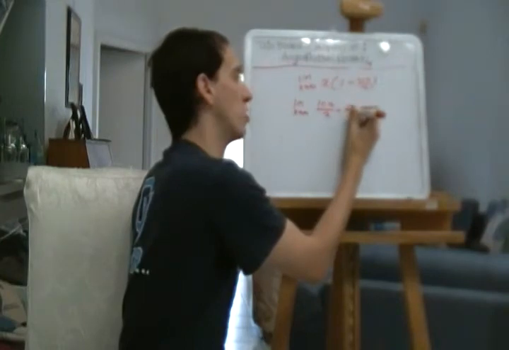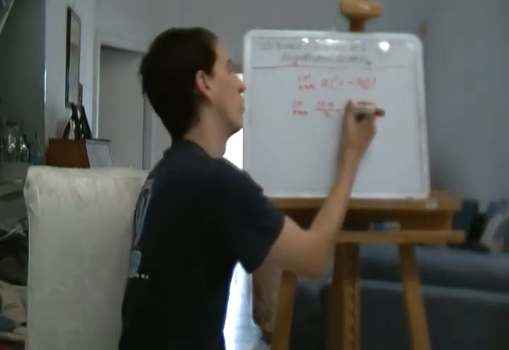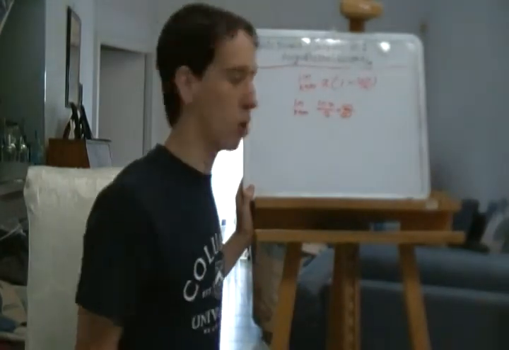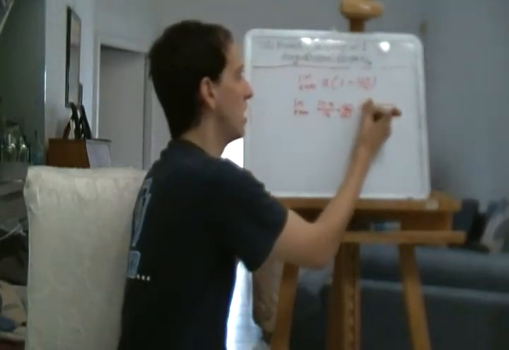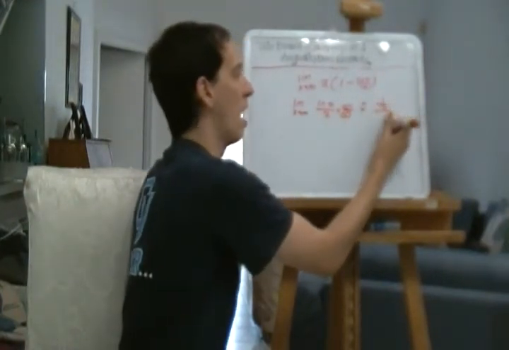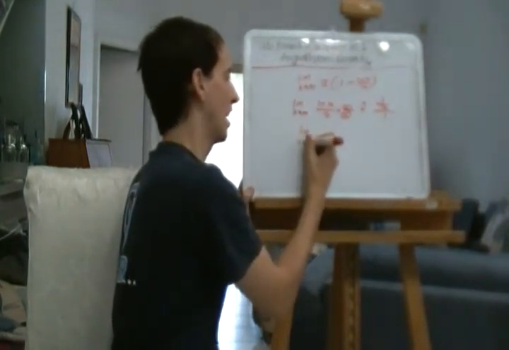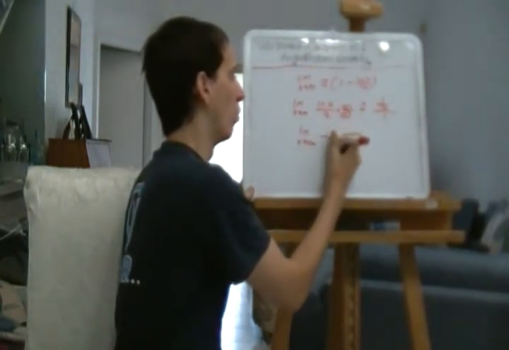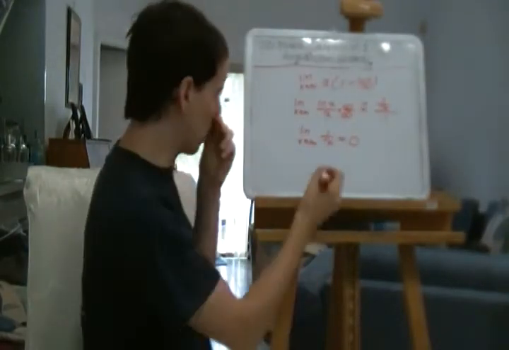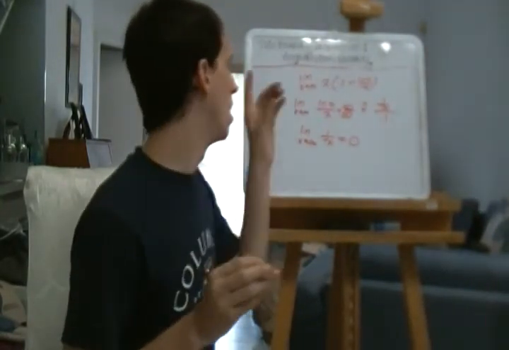This is infinity over infinity, which is an indeterminate form, so we can use L'Hopital's rule. Differentiating the top, we get 1 over x, and the bottom, we get 1. We realize that this limit is the limit as x approaches infinity of 1 over x, which is 0. If the denominator gets huge, that becomes very close to 0.